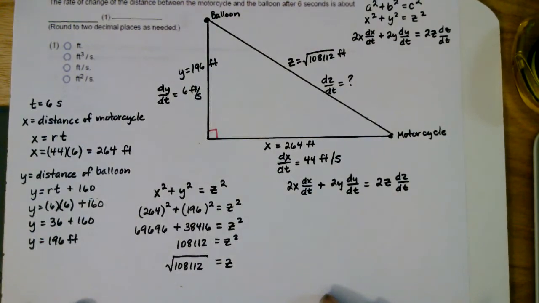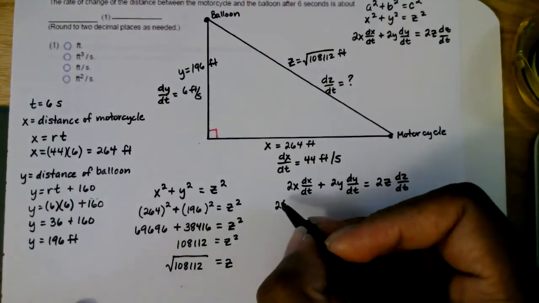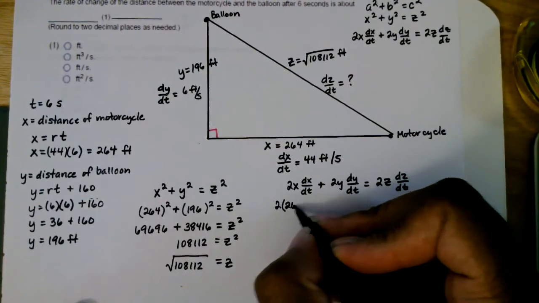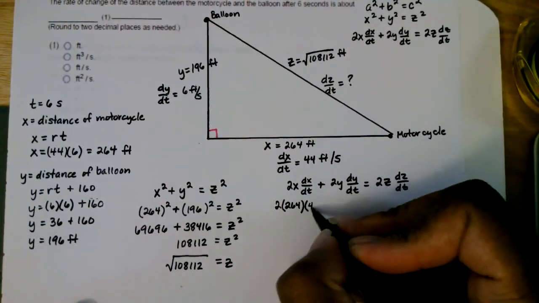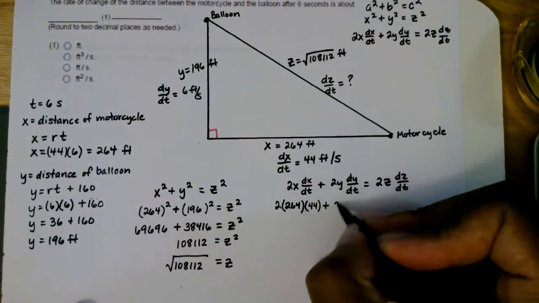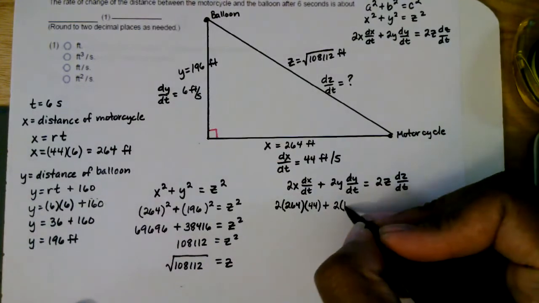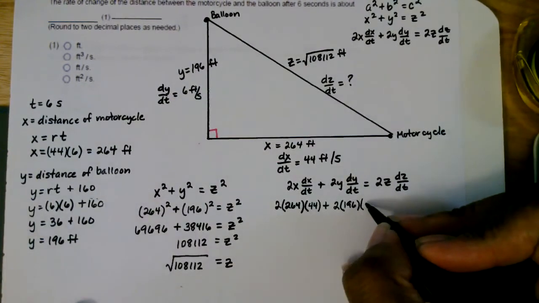And in this case, we just do our substitution here. This will be 2 times x, which is 264, times dx dt, which is 44, plus 2y, or 2 times the y, which is 196, times dy dt, which was 6 feet per second.